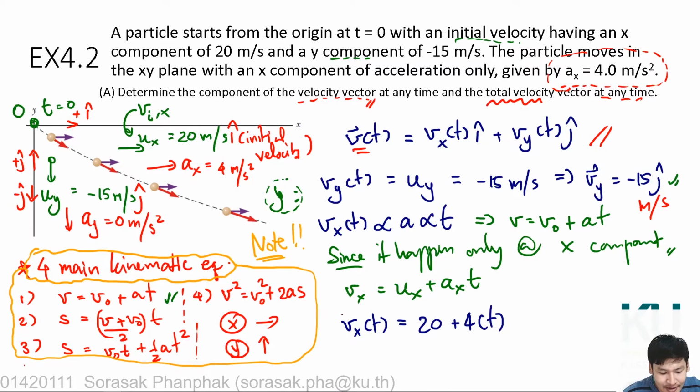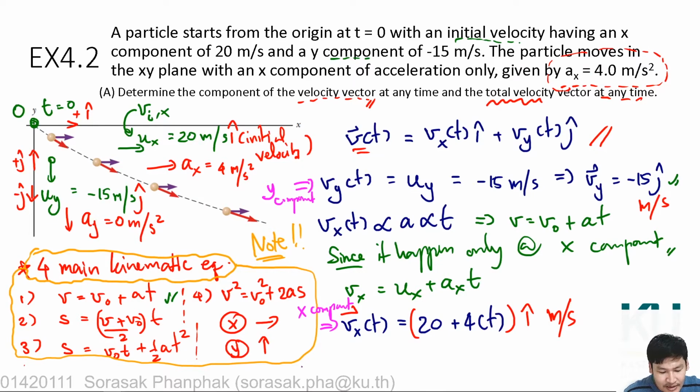If you write it as a vector, it's in the i direction, which is the x-axis. Now you have the y component showing here. This is your y component, and this is your x component.